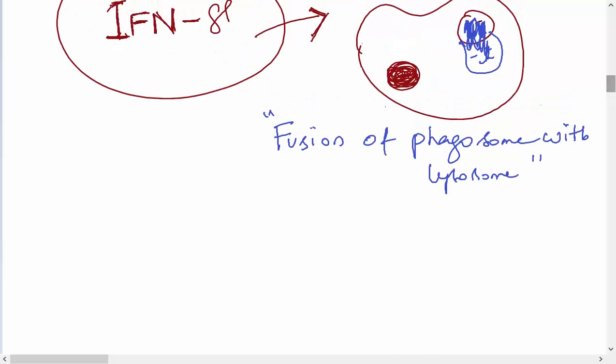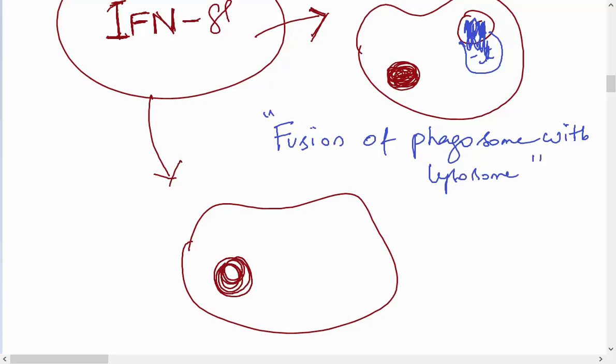Another most important thing they do is, it is a macrophage, and we have a phagosome. Now it is fusing with the lysosome. These are the lysosomal enzymes, and they need another substance to kill the mycobacterium. The most powerful substance is nitric oxide. You all know nitric oxide? We discussed it in the POE, right? It directly kills the microbes. This nitric oxide is needed.